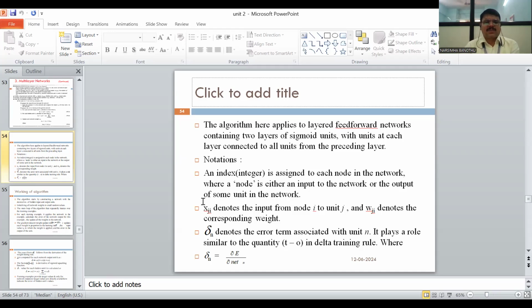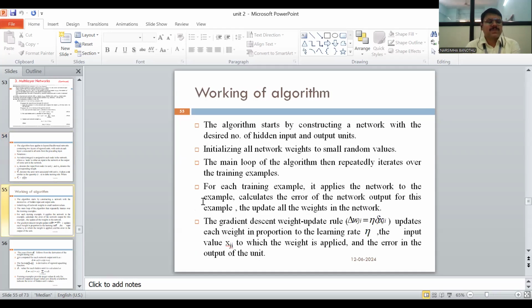An index of the integer is assigned to each node in the network, where a node is either an input to the network or the output of some unit in the network. The algorithm starts by constructing a network with the desired number of inputs and initializing all network weights.